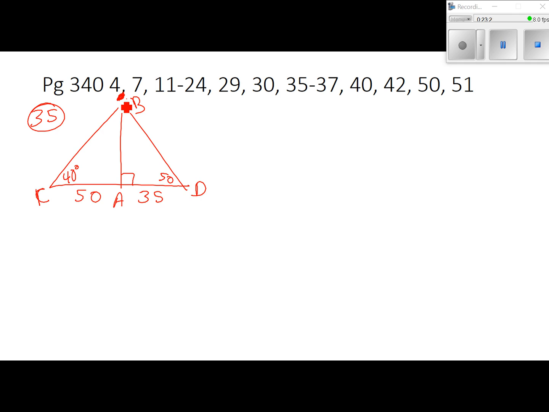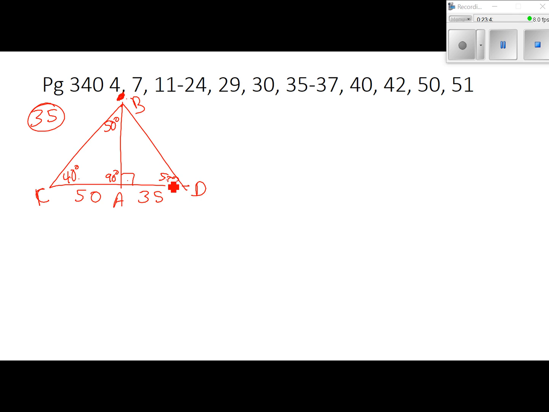If we're looking at this, and we got all the measurements that they gave us here, that's 50 degrees, this is 40 degrees. They tell us that's a right angle, well then this also over here has got to be 90. And if that's 90, this is 40, we can find this angle up here, which is going to end up being 50 degrees, because 3 angles of a triangle must add up to 180.